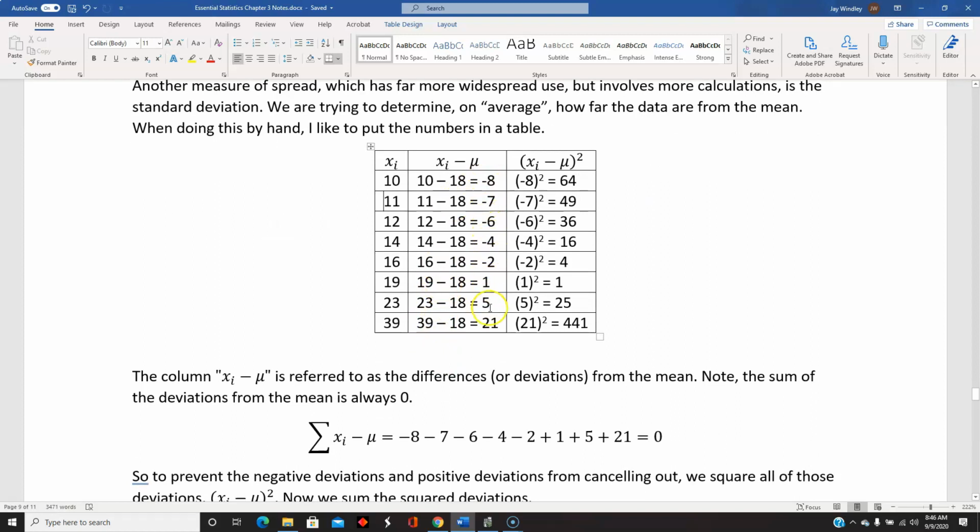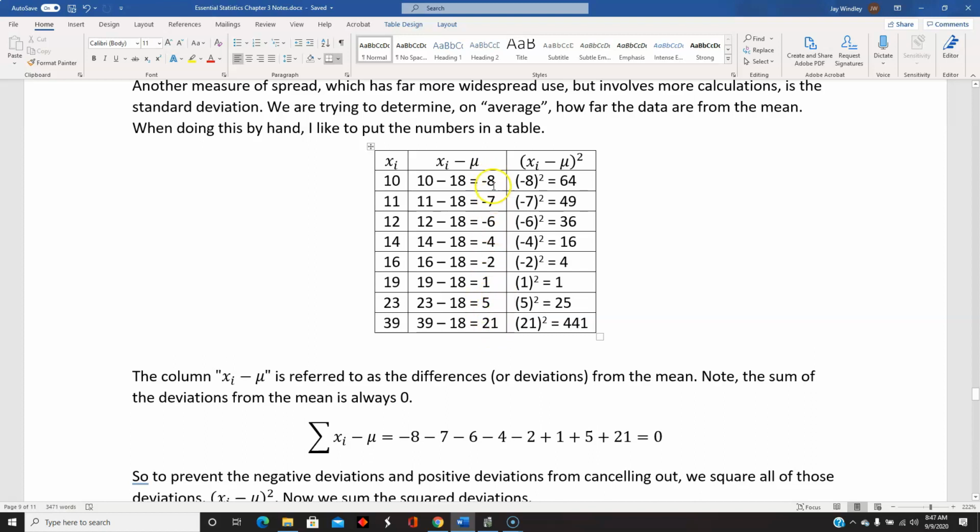These are referred to as the deviations from the mean, which is why the measure that we're leading up to is called the standard deviation. And we'll also see there's a reason why it's not called the average deviation, it's called standard deviation. And one reason why we can't find the average deviation, now that I have all these deviations, you could add those deviations together and divide by 8 to find the average deviation.